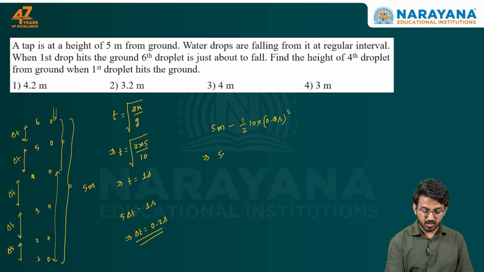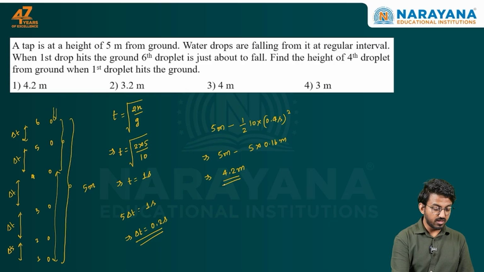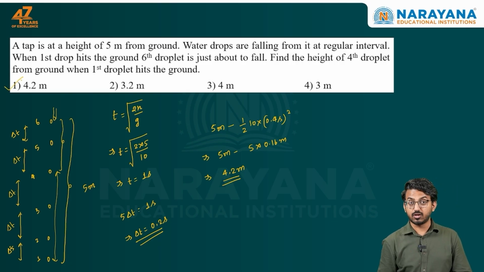Solving that gives us 5 meter minus 5 into 0.16 meter, which is eventually 4.2 meter, which is giving the first option as the correct option.